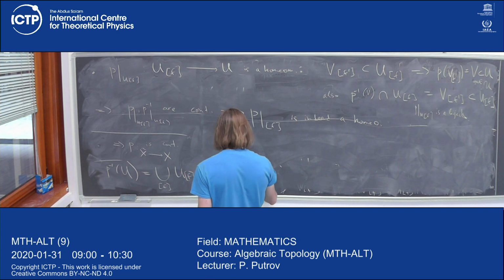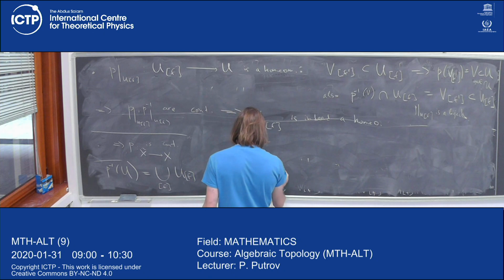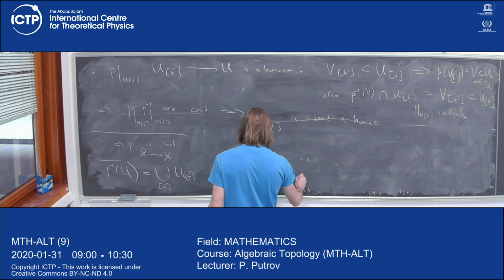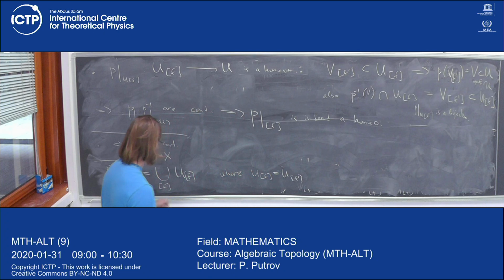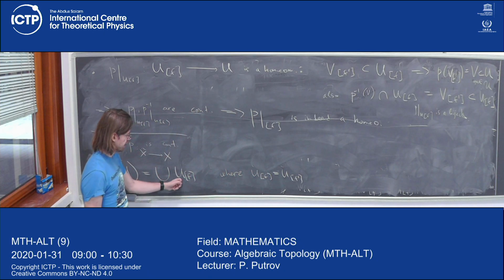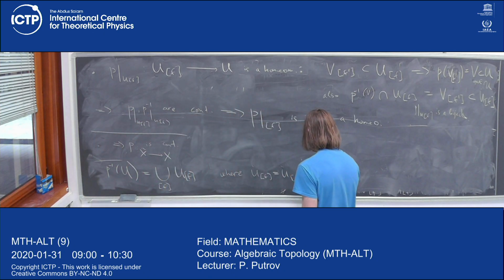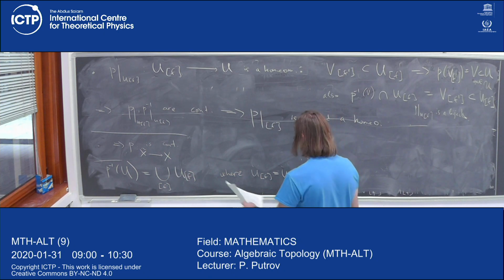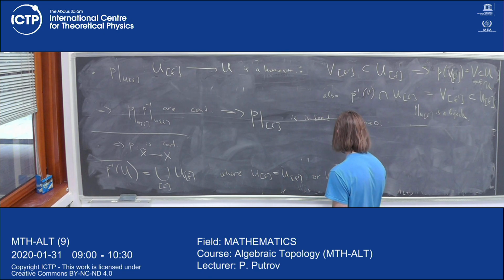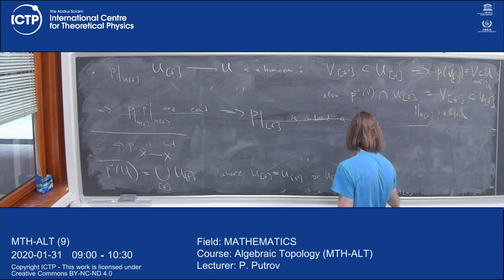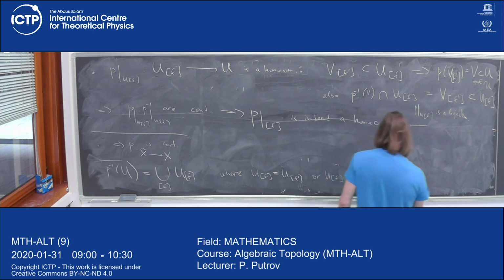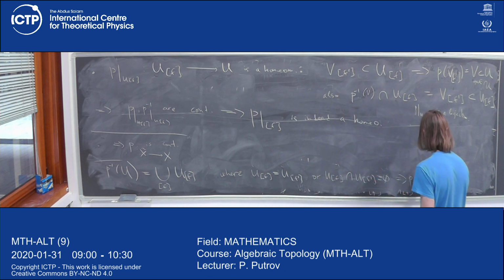Because of the property we showed before, if there is some element which belongs to both of these, then they are actually the same. Alternatively, if there is no element which belongs to both of them, this means they do not intersect. So indeed, P is a covering map.